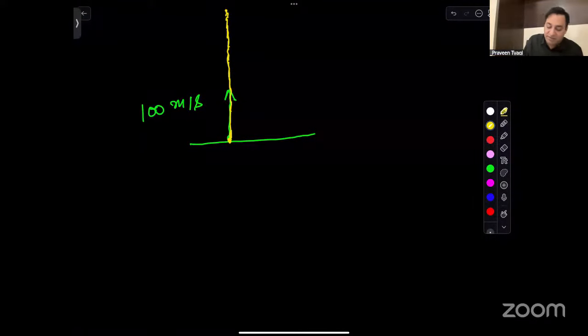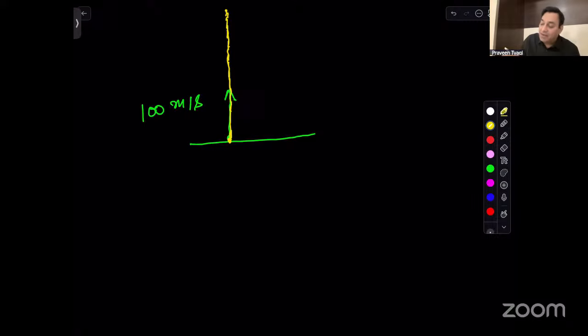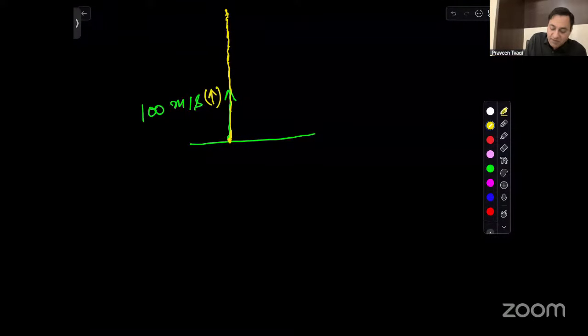Please tell me. I will be impressed if you do it right. Though it is a simple question, I want you to learn something here. I have thrown a stone initially vertically up with 100 meter per second speed. Acceleration due to gravity has to be taken as 10 meter per second square.